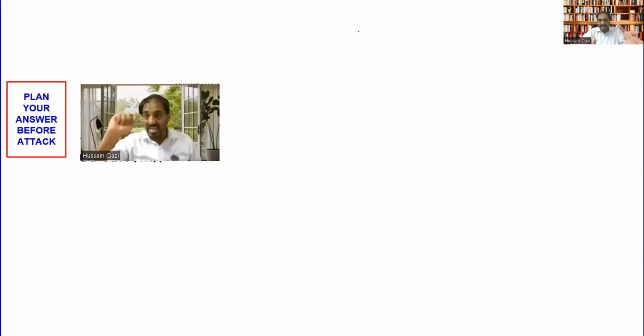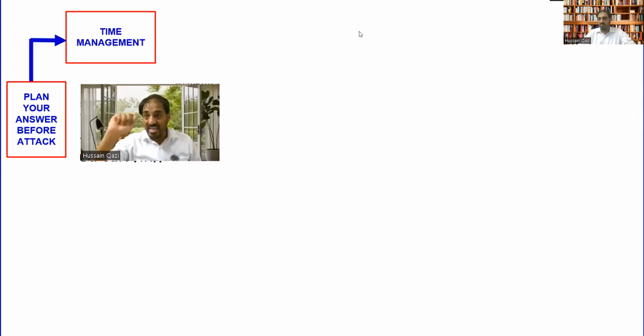What is inside the planning? Now, I'm discussing some important things here. So very carefully watch this particular slide. Plan your answer before attack. For planning, the first thing mentioned is time management. At the planning phase, what will you determine?